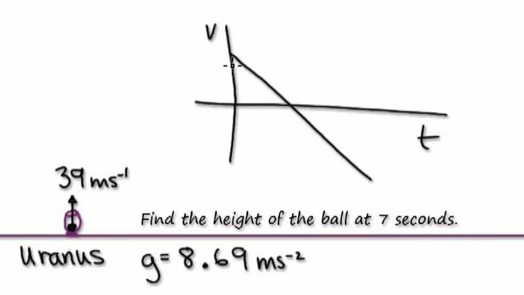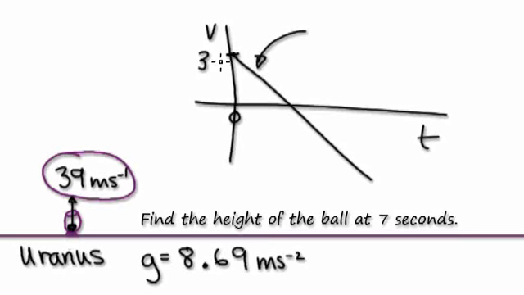The next step is to find out the equation of this line. Well, this point here will be the initial velocity at time equals 0. So at time equals 0, the initial velocity is 39.